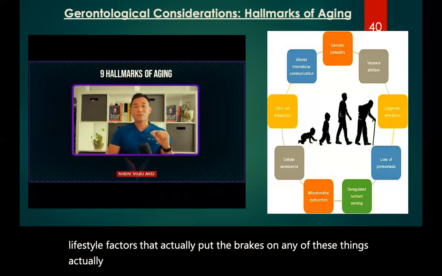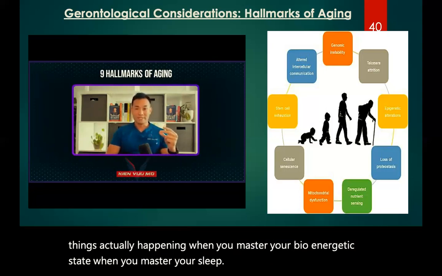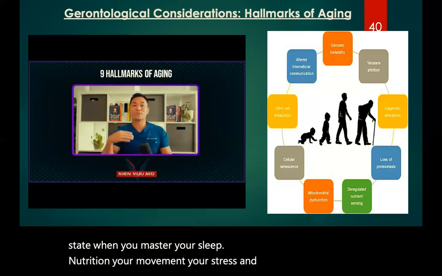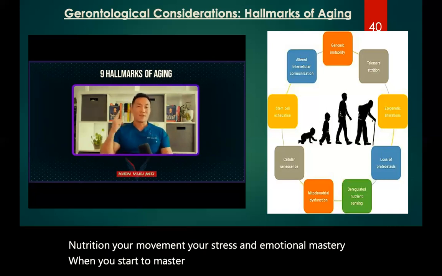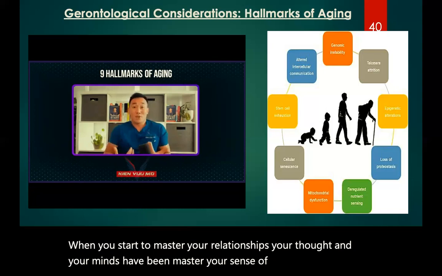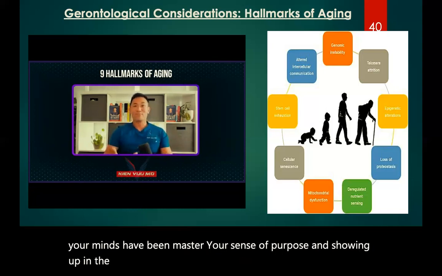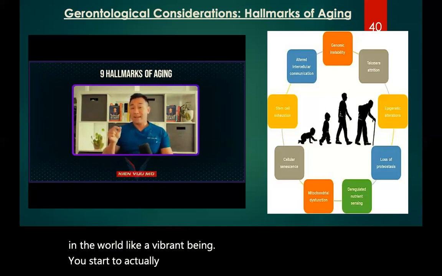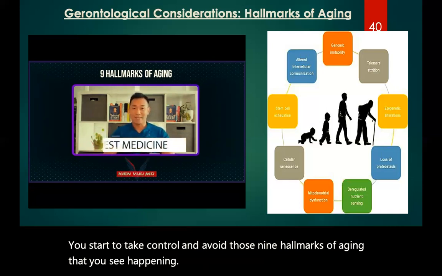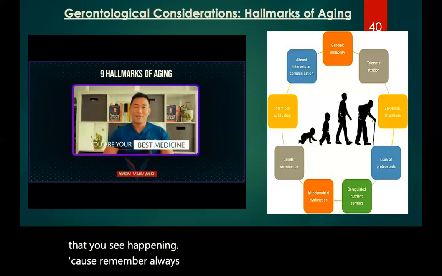When you master your bioenergetic state, your sleep, your nutrition, your movement, your stress and emotional mastery, your relationships, your thought and mindset, and your sense of purpose and showing up in the world like a vibrant being, you start to take control and avoid those 9 hallmarks of aging. Because remember always, you are your best medicine.